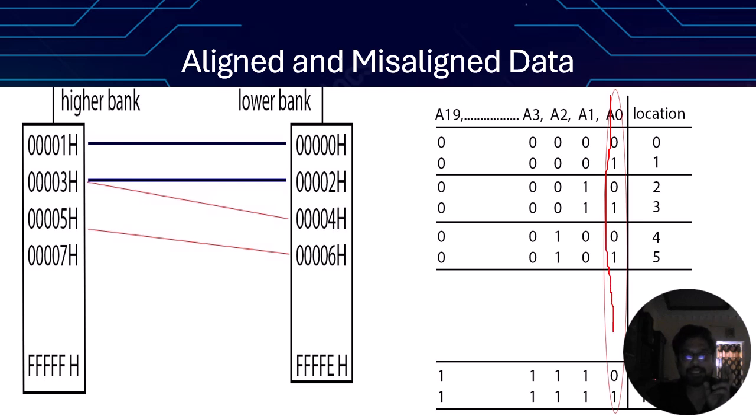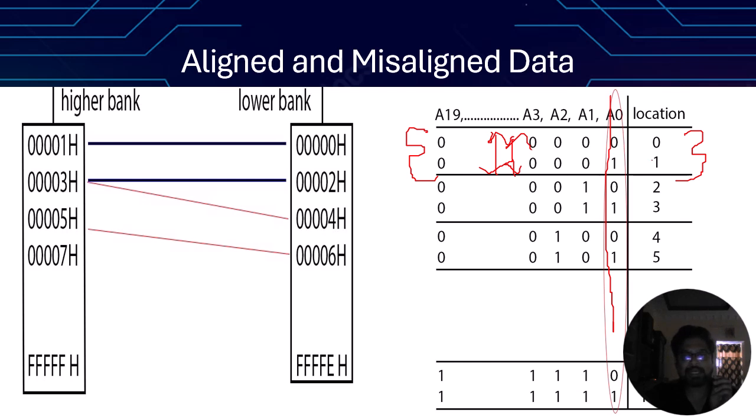Both the banks, that is location 0 and location 1, have a similar binary number, or we can say that they have the same address. So parallel access is possible now. We can take the data simultaneously.